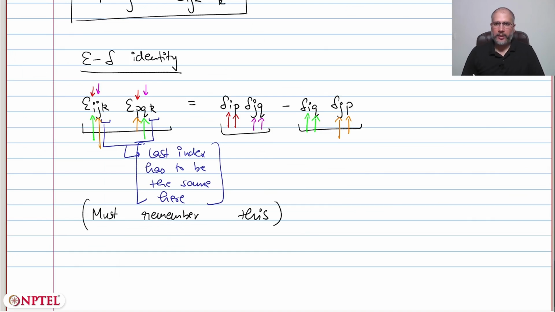Now we will not prove it right now, because proving the identity requires the knowledge of some more mathematics that will be discussed later in this course. So we will leave the proving to later, but we will prove it later in this course. So the aim today is to learn how to apply the identity to solve problems. So let's do that.